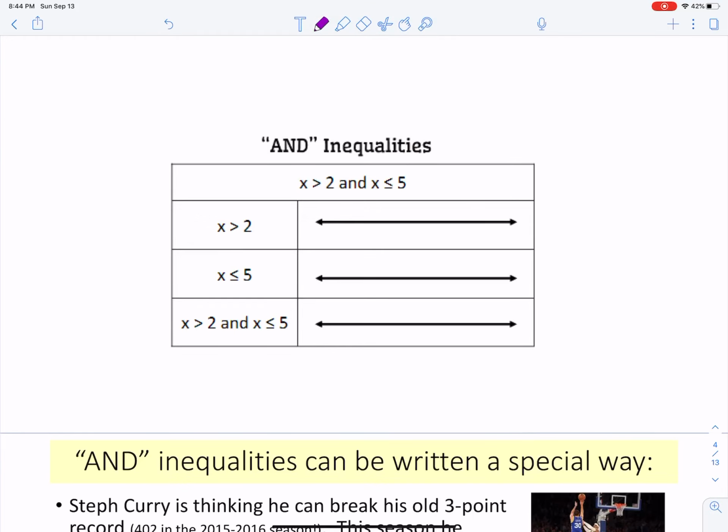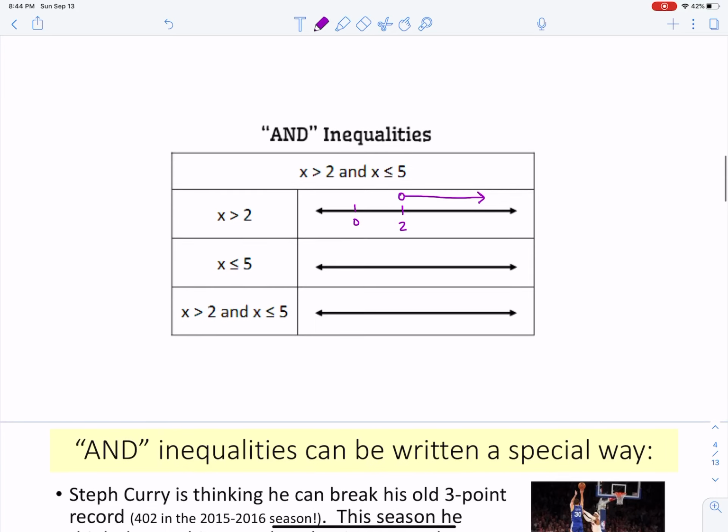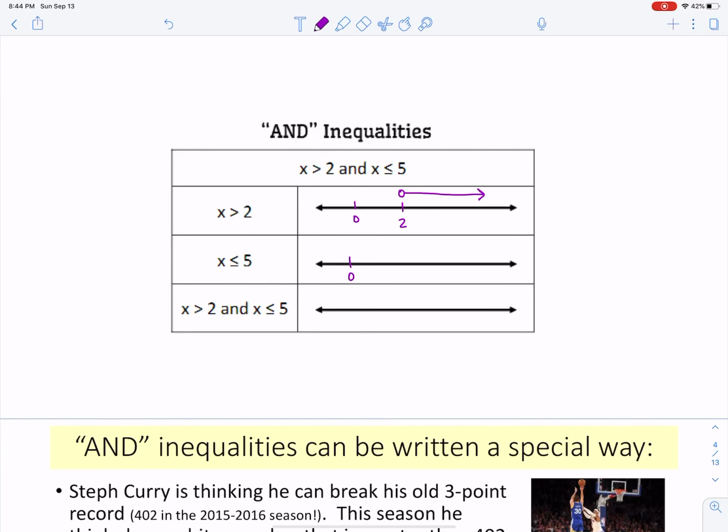I'm going to start by graphing. I'll put a 0 here on our number line, and we have 2. I'm going to talk about numbers that are greater than 2. You guys are experts at graphing that. Then I'm also going to talk about numbers that are less than or equal to 5, so a closed dot at 5.